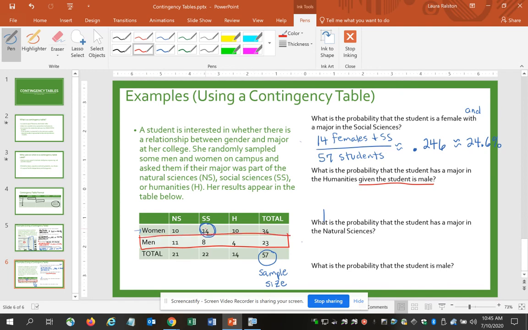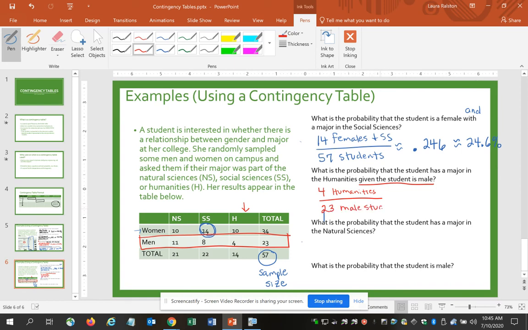And then it asks me what's the probability they're a humanities major. So I'm going to look under the column for humanities, and I noticed that that would be 4. So there were 4 humanities majors that are male. Okay, so that's 4 humanities out of the 23 male students.